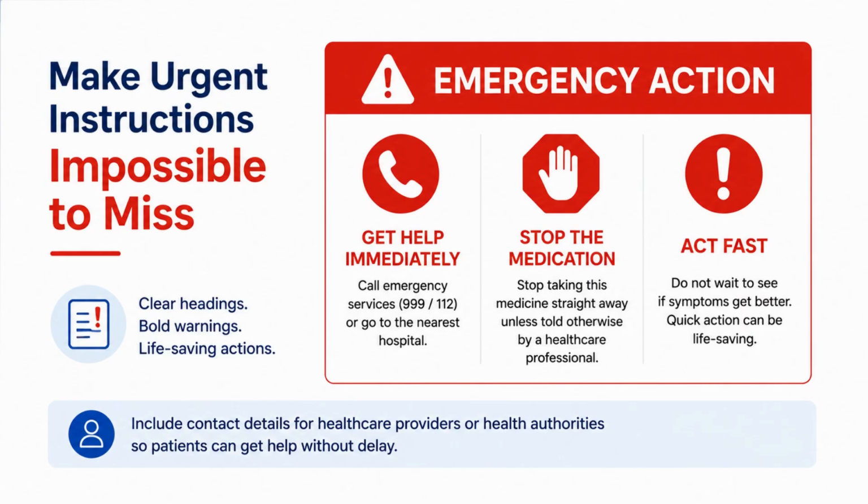Clear headings like "Emergency Action" or "When to Seek Help" guide patients to vital information quickly. Additionally, including contact information for healthcare providers or health authorities provides patients with immediate resources for assistance. Calls to action should be concise, direct, and prominently displayed to enhance patient safety and health outcomes.